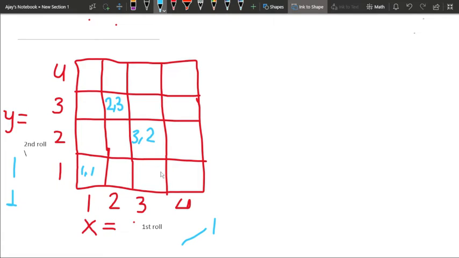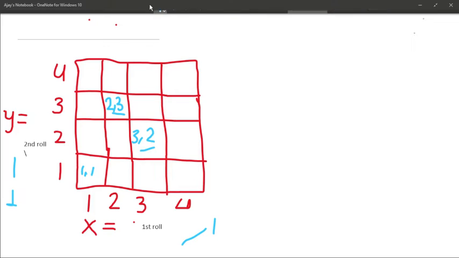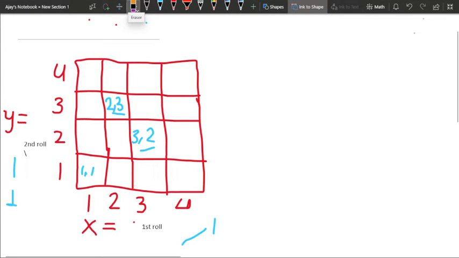So we keep 3 2 and 2 3 as separate outcomes.